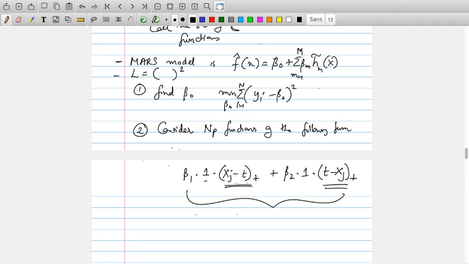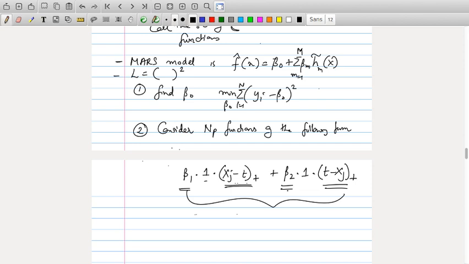It's just going to be beta times something plus another beta times something. So for these functions, which are still NP in number, what are the only things that I can set? The only things which I can set are beta 1 and beta 2, the only things which vary, which I can change now.